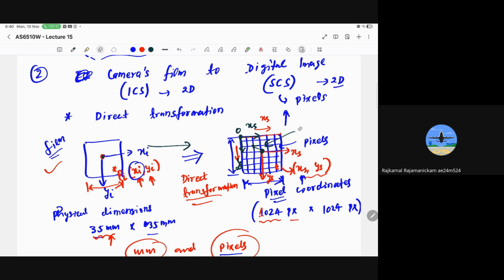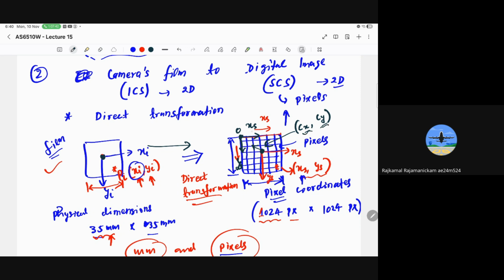So let us say the coordinates of this point corresponding to this point are cx and cy. Now we can translate whatever coordinates we achieve for this by adding these coordinates.